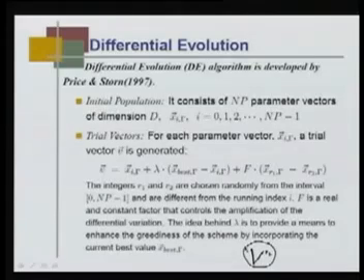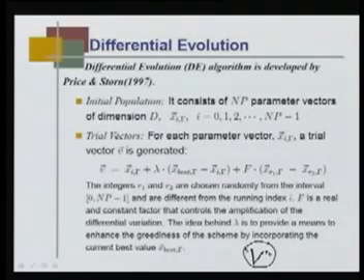The idea behind lambda is to provide a means to enhance the greediness of the scheme by incorporating the current best value, which is x best, the parameter vector that has the maximum fitness. So, this is just an additional thing, but usually the trial vector is the target vector plus the difference between two randomly selected parameter vectors from the population multiplied by a real constant.